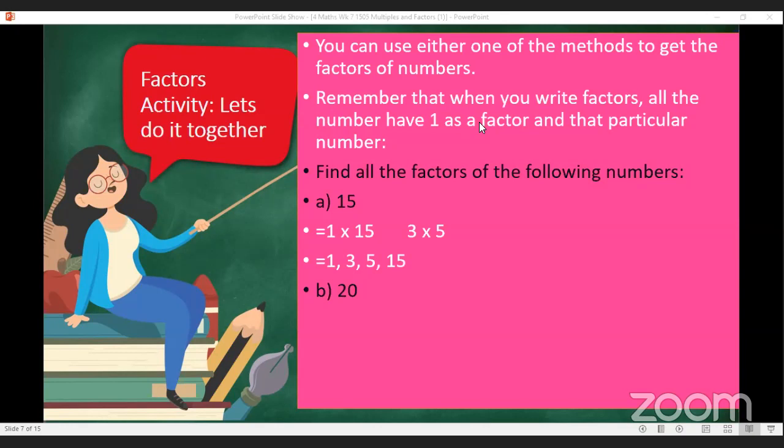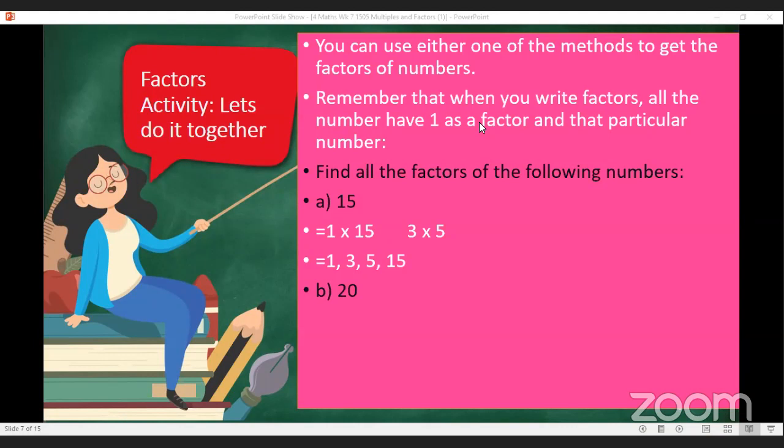Ma'am, it's 10 times 2. Where should we start, Zoe? You should start with 1 times 20. Yes, always, so that you don't get confused.